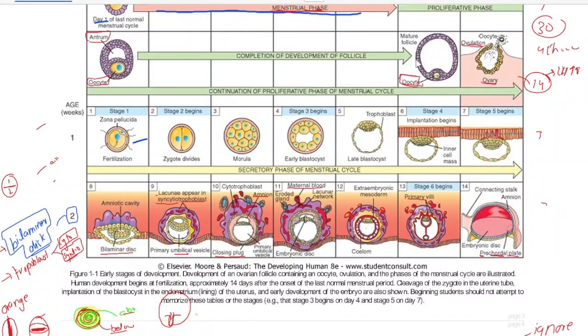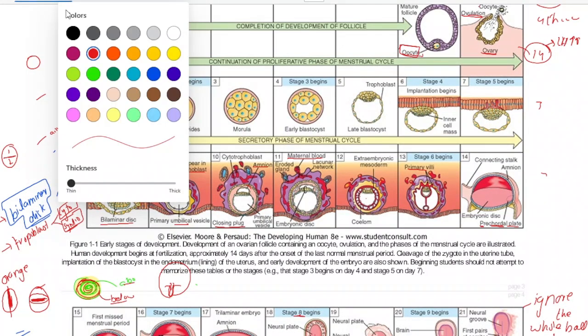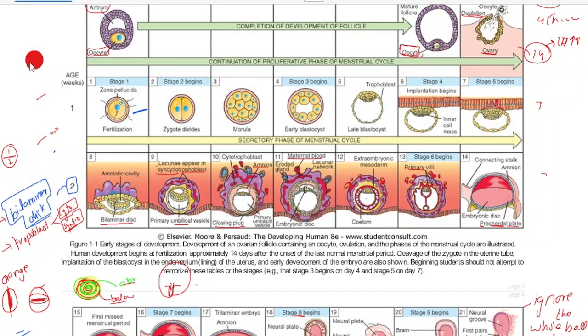Now after ovulation occurs, the sperm comes to the oocyte. You have to remember the cell is not just like a circle, because many students become confused when we go beyond.